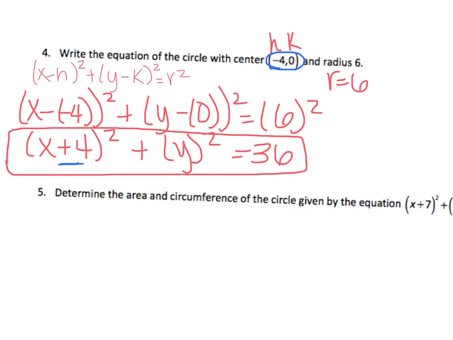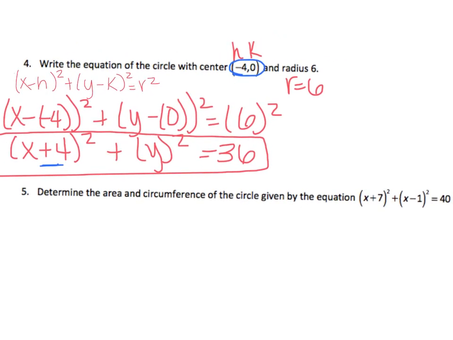Okay. All right, number 5, determine the area and circumference of the circle given by the equation. So here's a good thing we can tell about the equation of the circle. We can pull out the center and we can figure out the radius. So in this equation, let's just practice here. The center of the circle is going to be opposite these values. So that's going to be -7 and a +1. Okay?